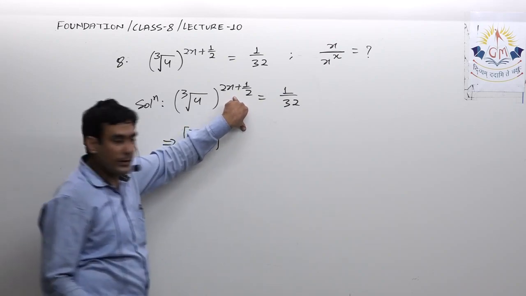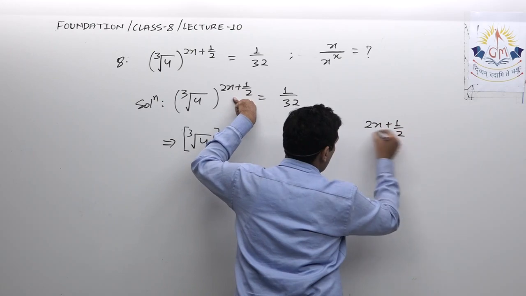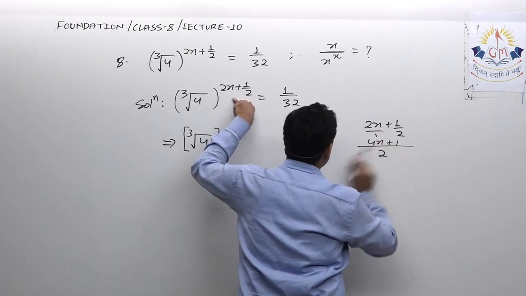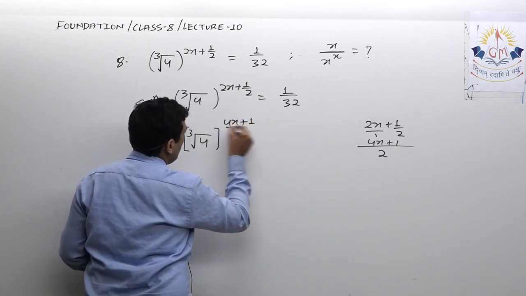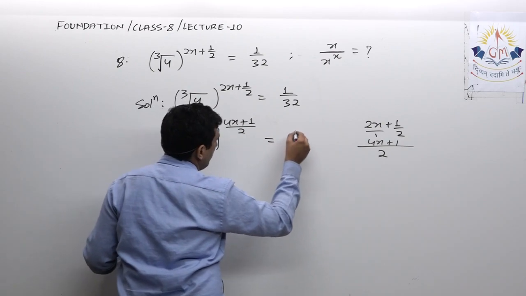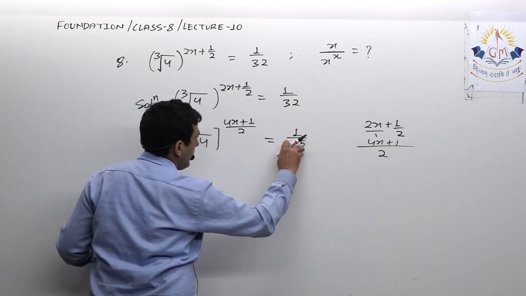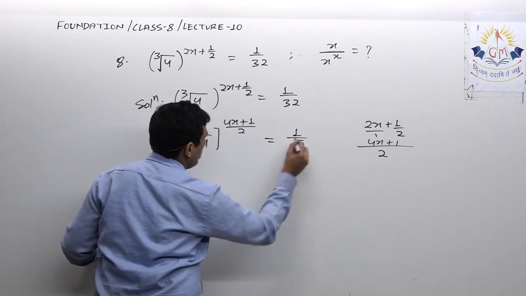So here we have to take LCM. So 2x plus 1 upon 2, here it will be 1. So 4x plus 1. So this is 4x plus 1 by 2, and this is 1 upon 2 raised to 5. Okay, 32 is 1 upon 2 raised to 5.